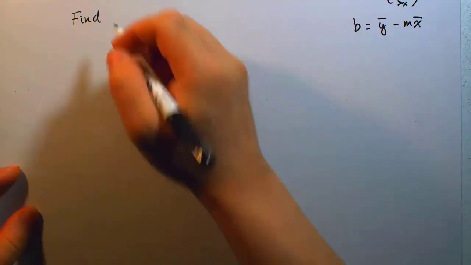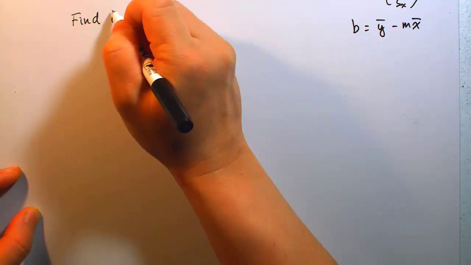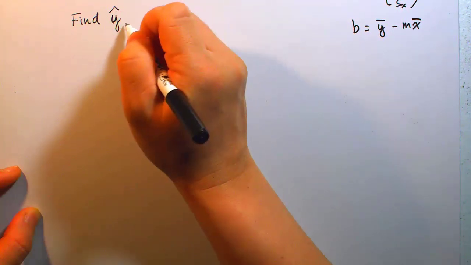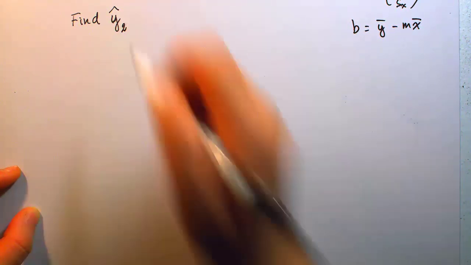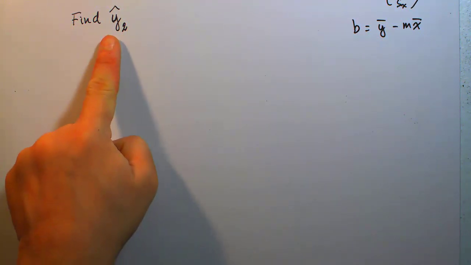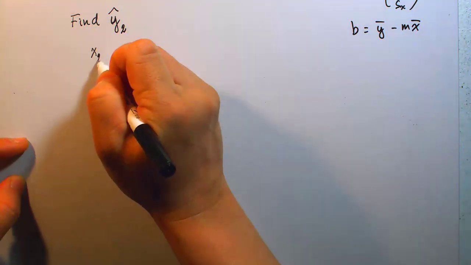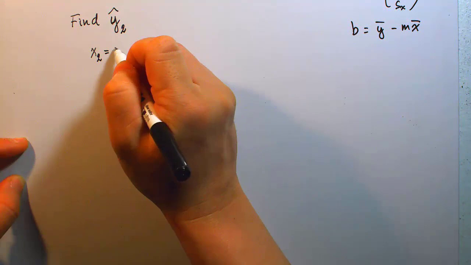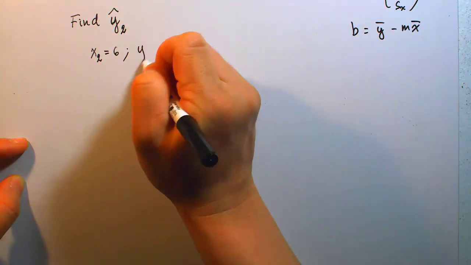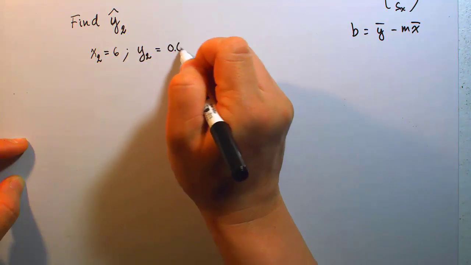And so here, let's continue, and one more time I'm going to repeat pretty much the exact same steps, but here we're going to find y hat 2. After seeing the step-by-step example earlier, y hat 2 refers to, on my data, x2 being 6 for the value, and y2, the observed value there, was 0.62.